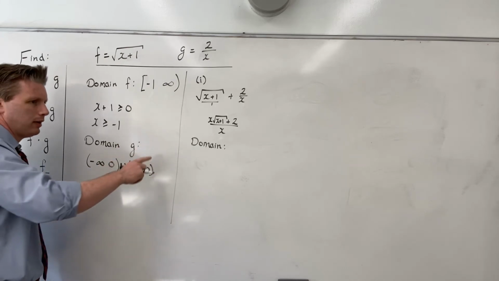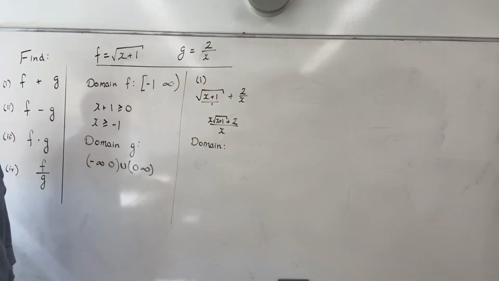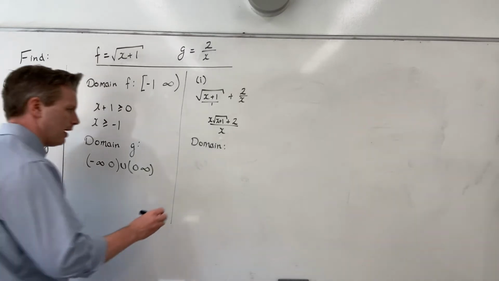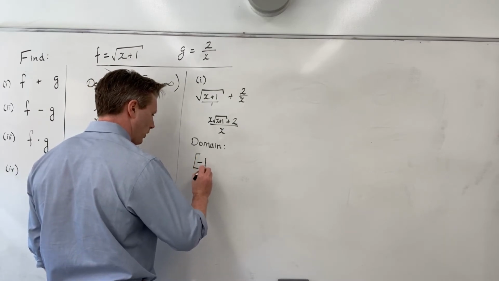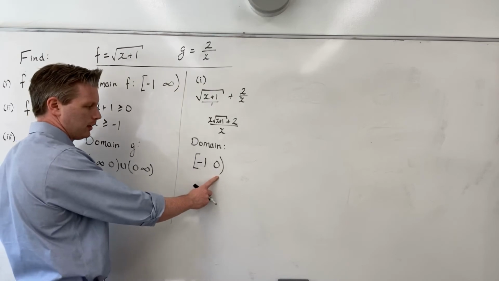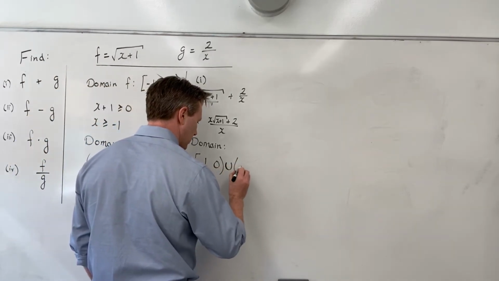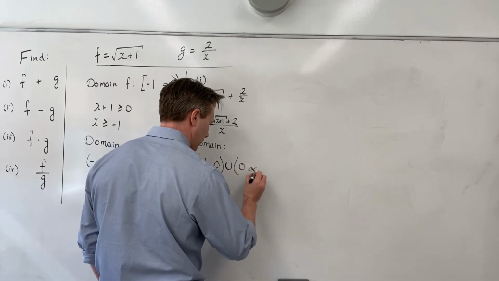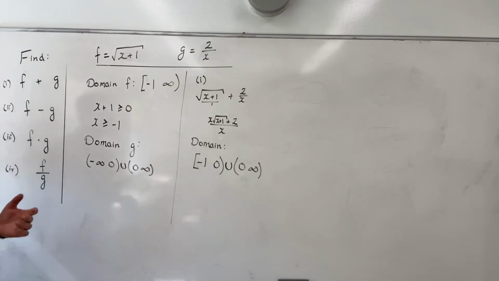So minus 1 all the way up to 0, not including 0, and then greater than 0 through infinity. I would write that the domain is minus 1 to 0, 0 is not in the domain, union 0 to infinity. And that is the domain of f plus g.